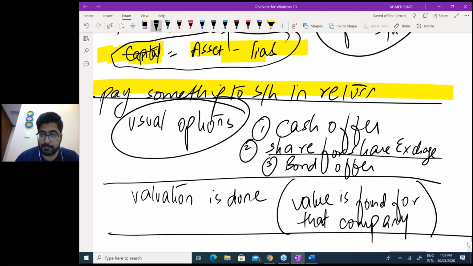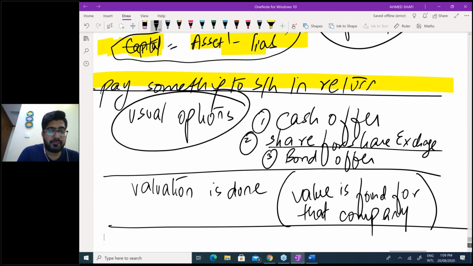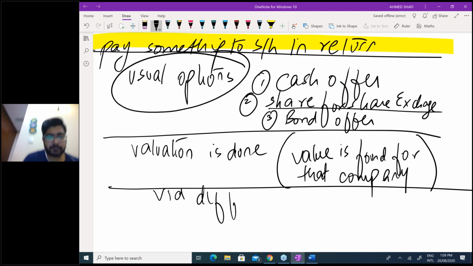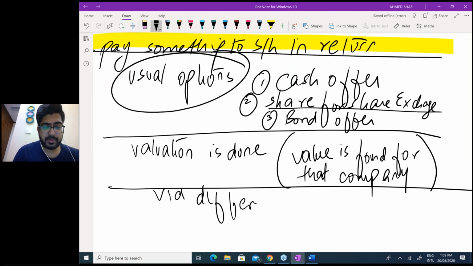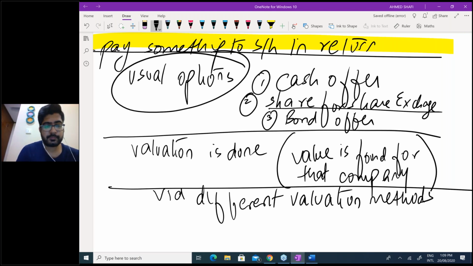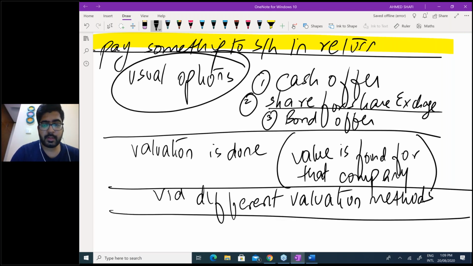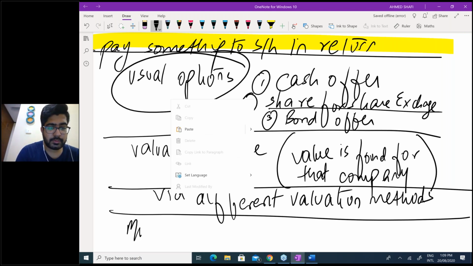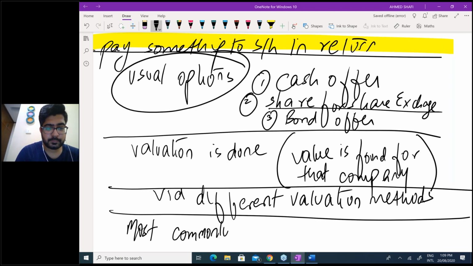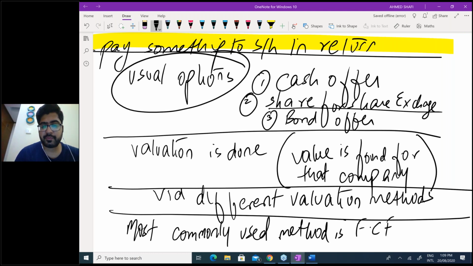The valuation of a company is done via different valuation methods. The most commonly used is FCF, free cash flow method. I will explain this method today so that we can do questions properly in future classes.